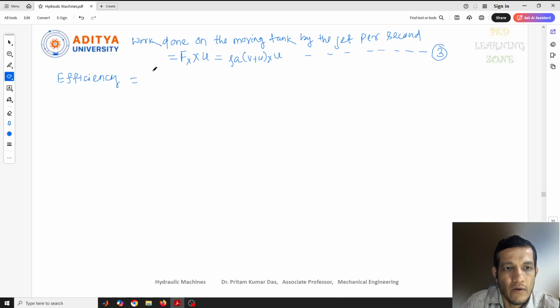What will be the formula for this? Efficiency equals output by input.